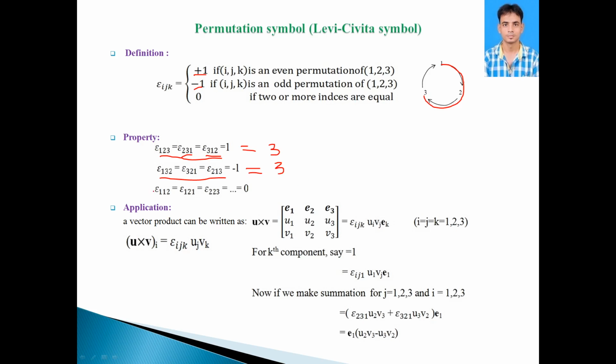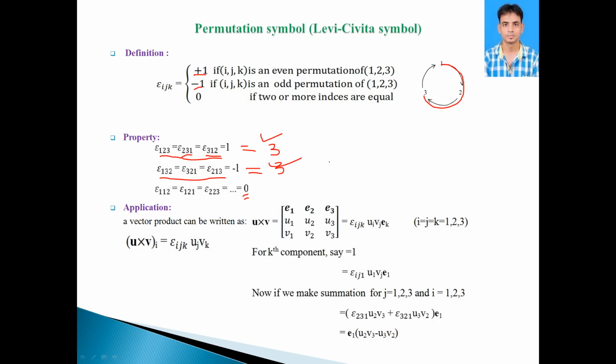And all other combinations give the value 0. That means the other 21 components are 0. So this epsilon ijk has 27 components, 3 are +1 and 3 are -1, and all other components are 0.